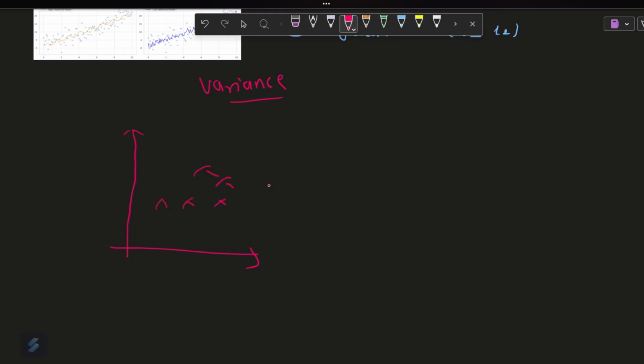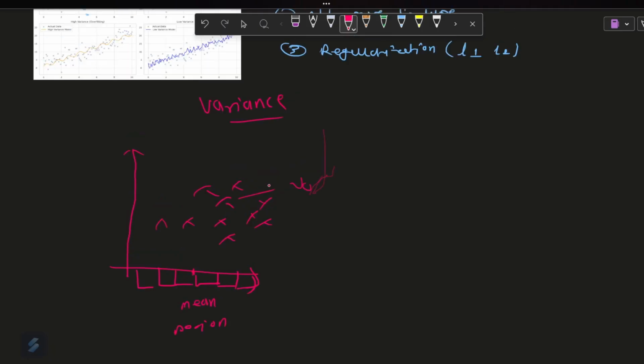How the data in a data set is spread from the mean position, right? That's the data spread, which is basically the variance.